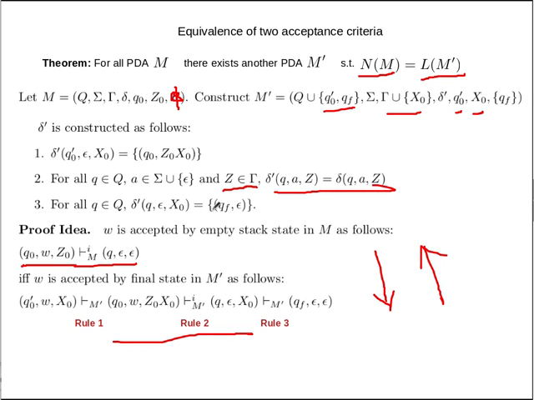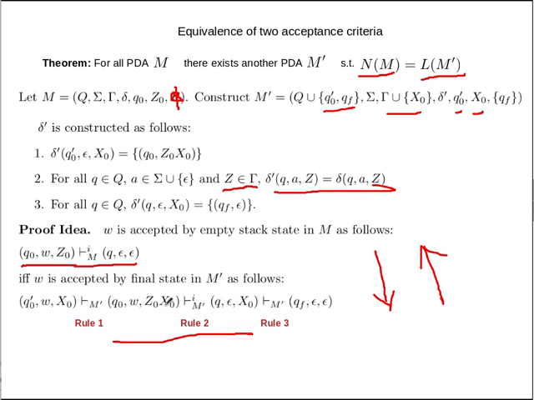So you can enter this qf only if you see x0 as the top stack symbol. But when can you see this x0 as your top stack symbol?